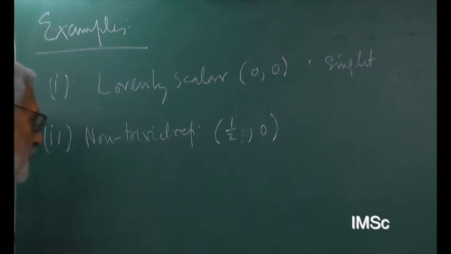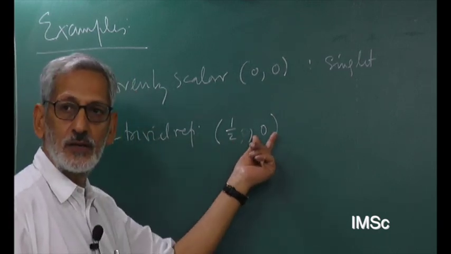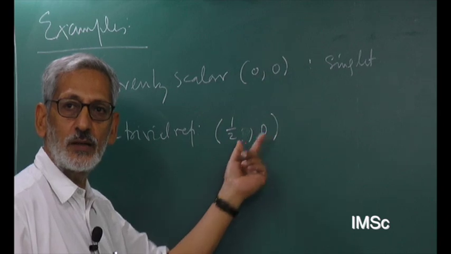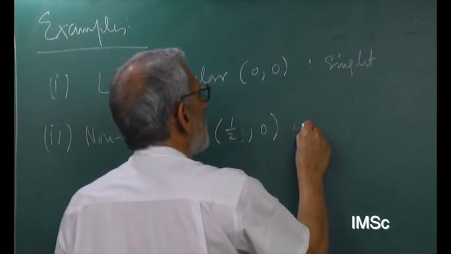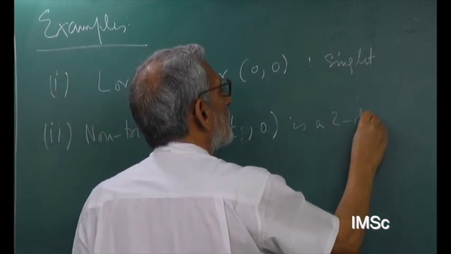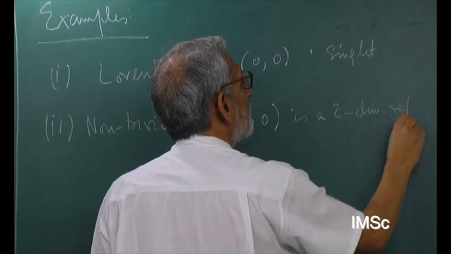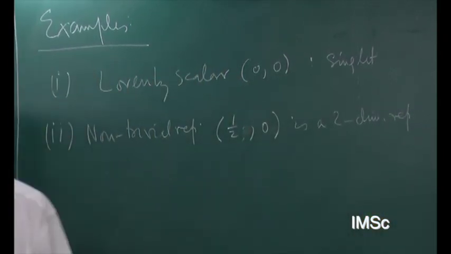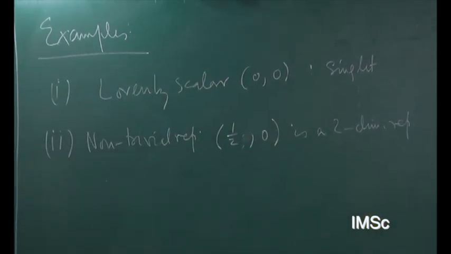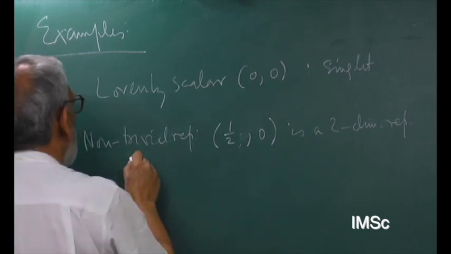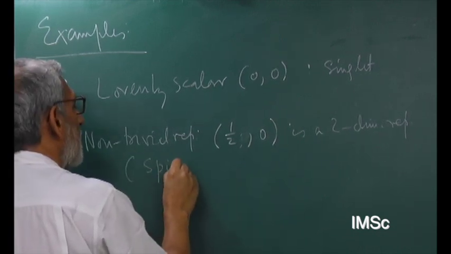And the dimension of this representation, this is two dimensional, this is one dimensional, 2 times 1 is 2, is a two dimensional representation. A name for such a representation is they are called spinorial or spinor representations.